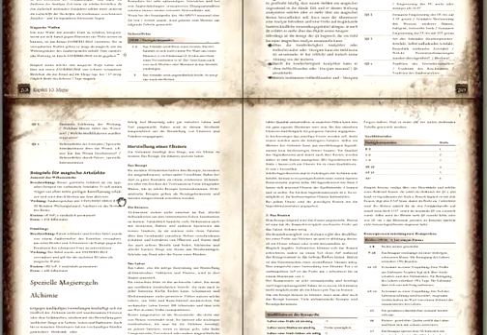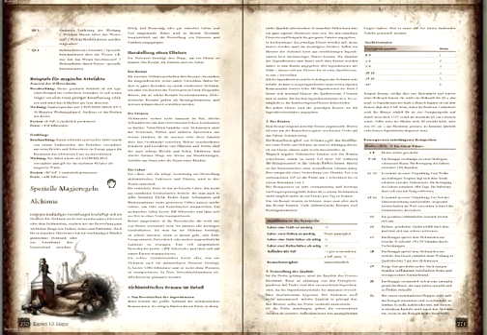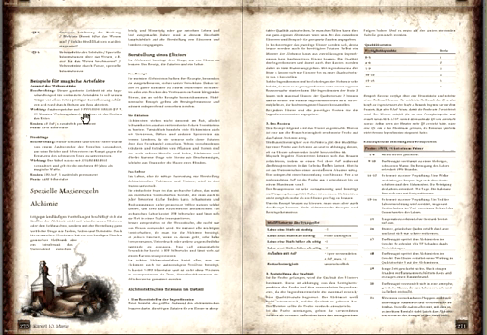The last thing here are two examples for magical artifacts, and one is an artifact that improves your magical resistance or your mental resistance against influence, and the other one is simply a magical weapon that was created.